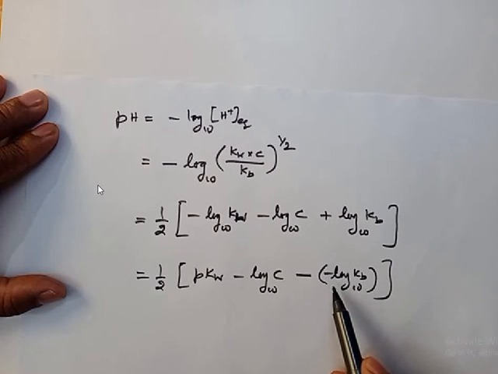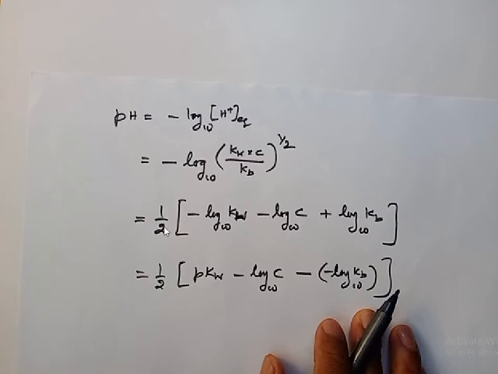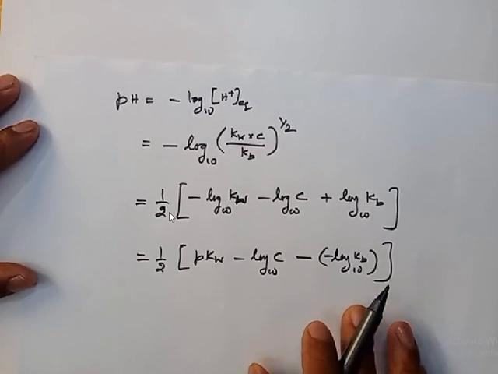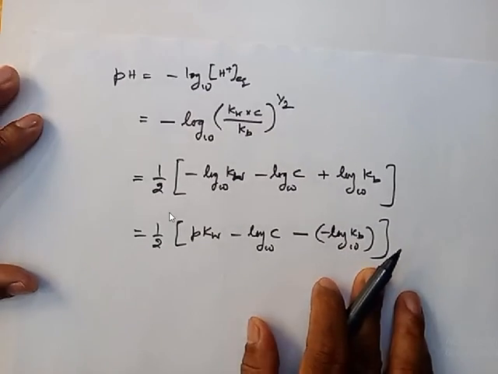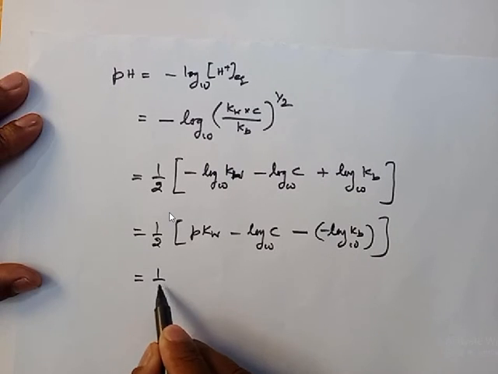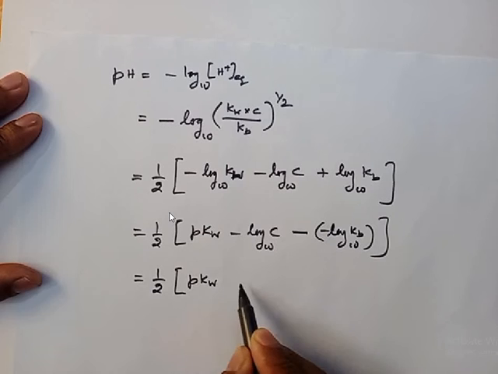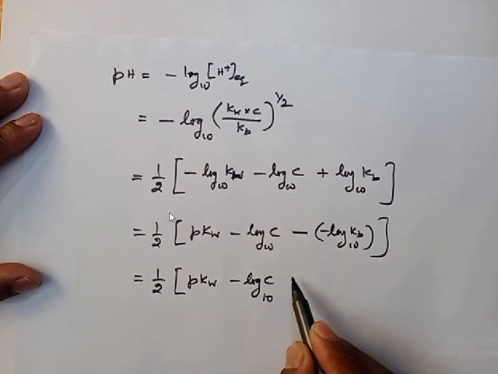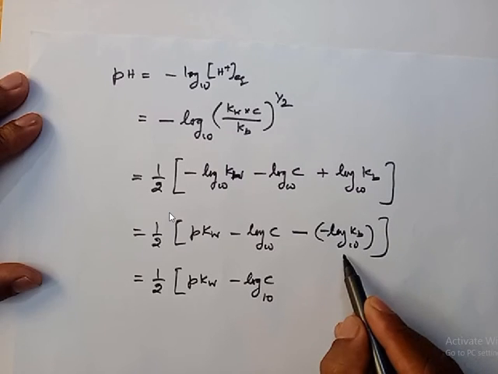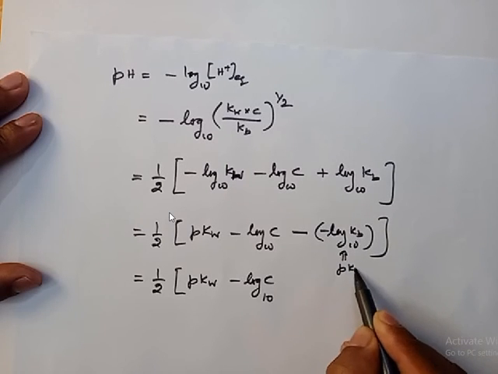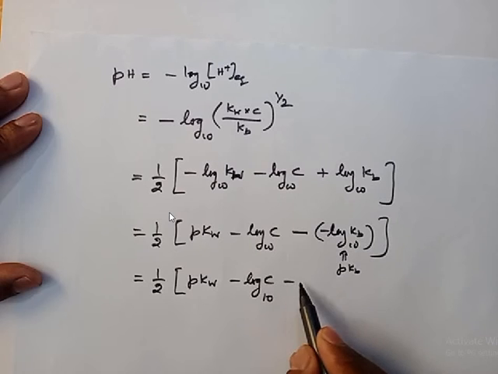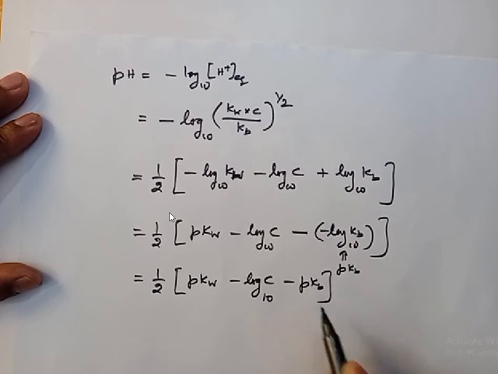Why am I writing like this? Because negative logarithm of Kb is pKb. So I am going to bring the pKb symbol here. That's the reason. So pKw minus log C. This is nothing but pKb. We have minus sign in front, so minus pKb.